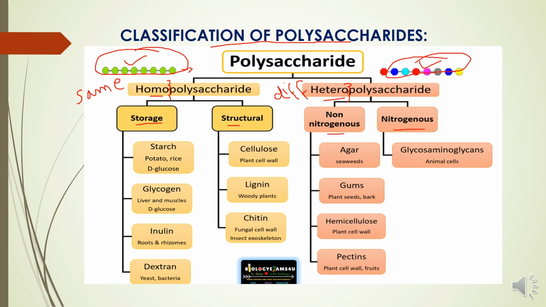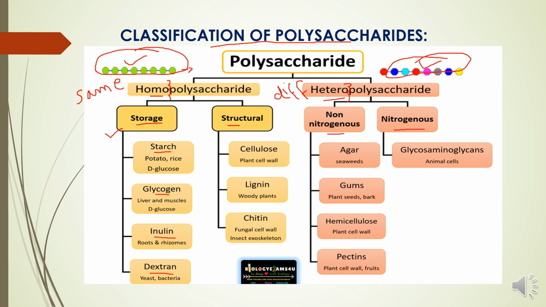Examples of storage polysaccharides are starch, glycogen, inulin, and dextran. These all are storage forms of homopolysaccharides.